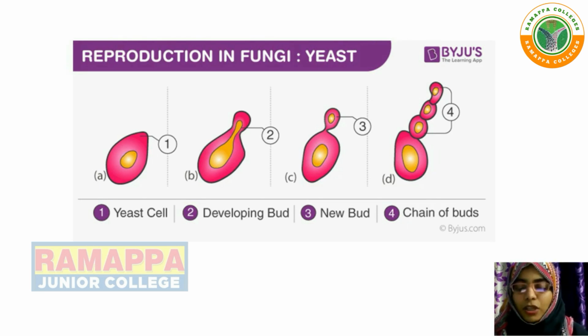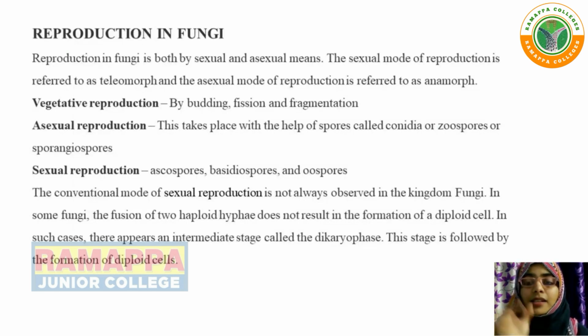Coming to asexual reproduction, spore formation is involved. The spores which we saw in the first slide, in the small sporangium, are important characteristic features of asexual reproduction. Sporangiospores, zoospores and conidia are the main features of asexual reproduction.